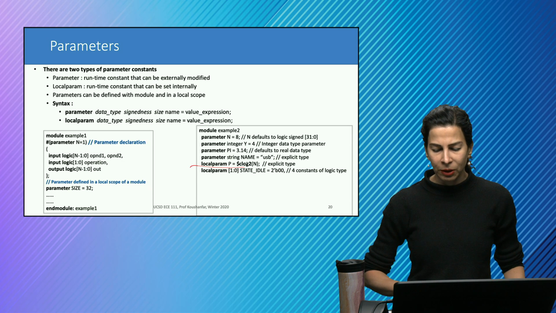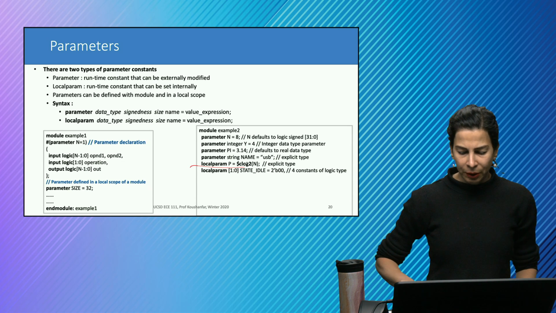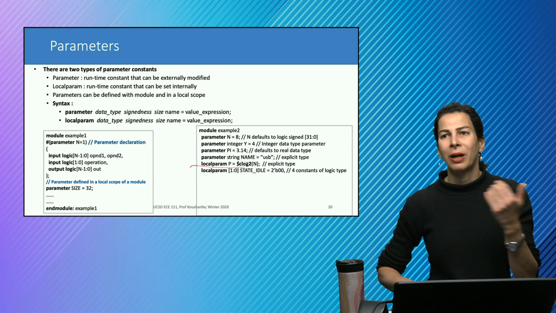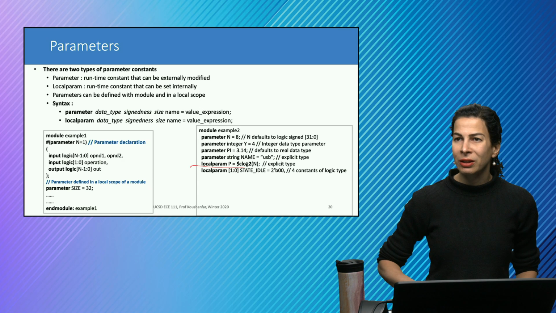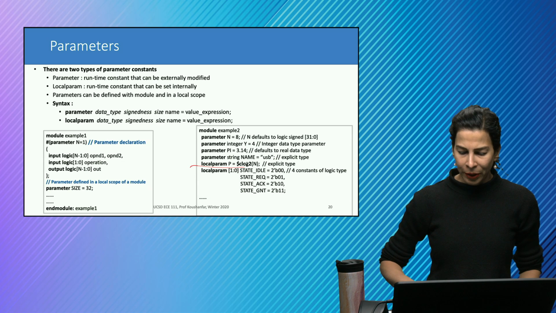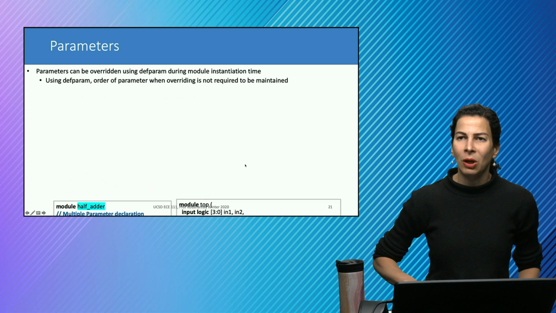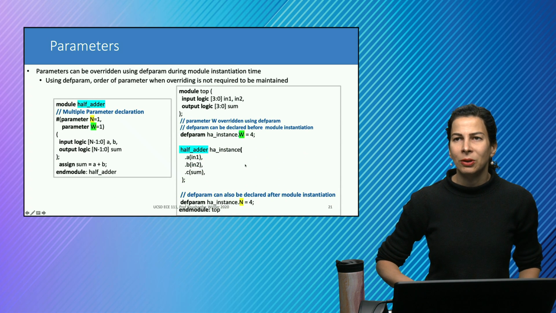Some of these are real data types. You could define a parameter as an integer type. You could have logic assigned to that. You could have a signed value. Whatever you assign to it, it's going to go with that. And here I'm just defining some logic types, and these can all be done in your parameters.